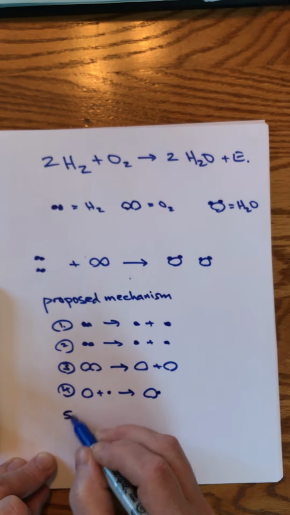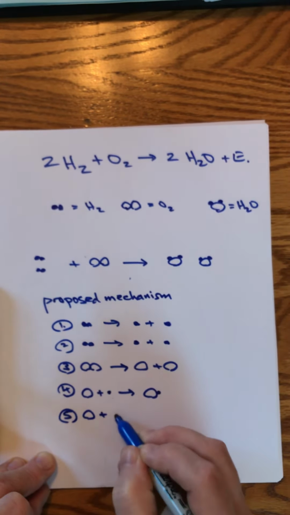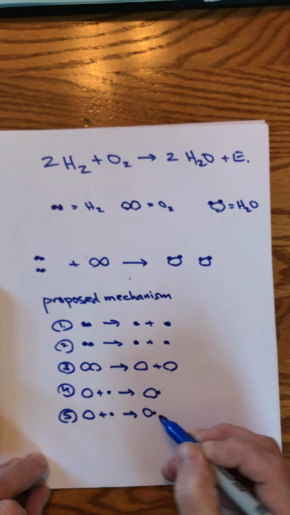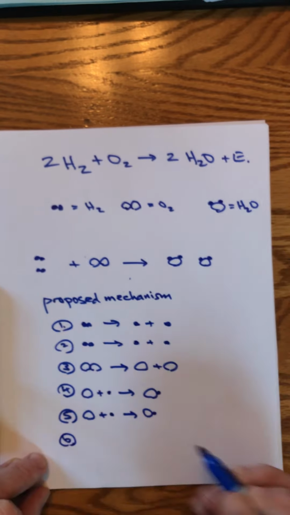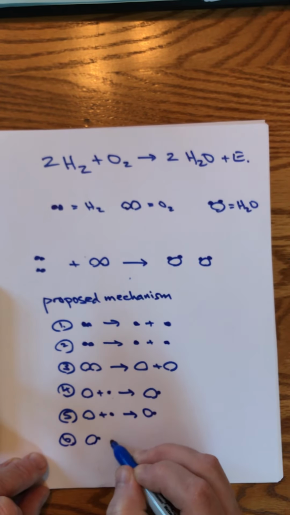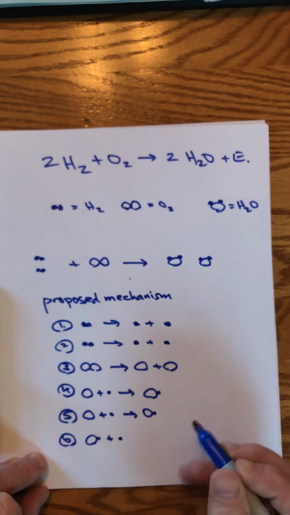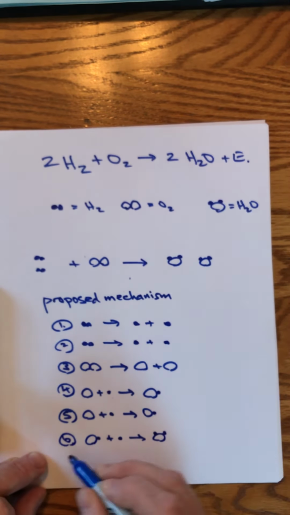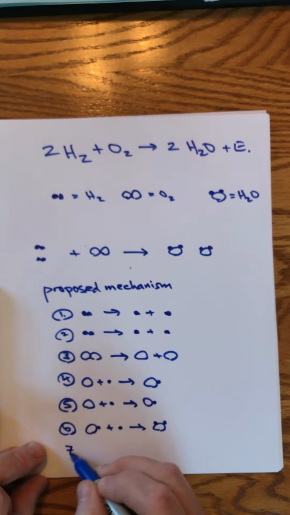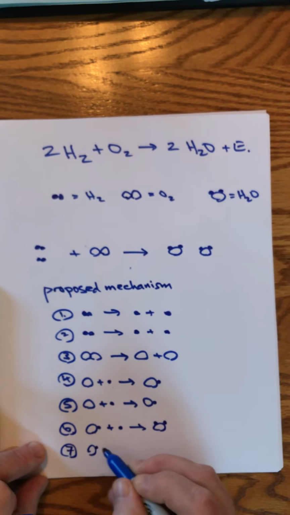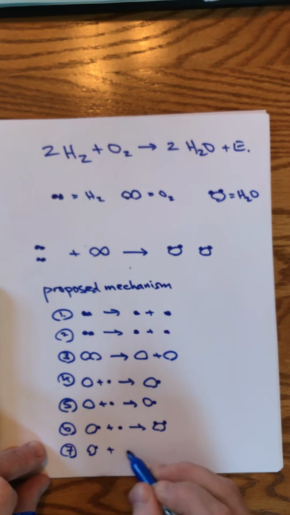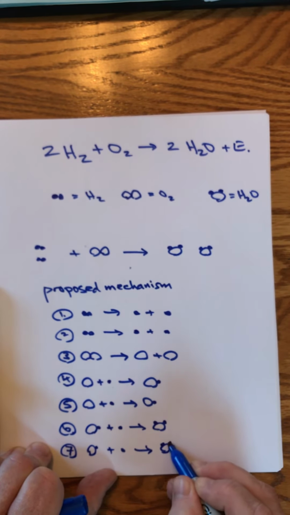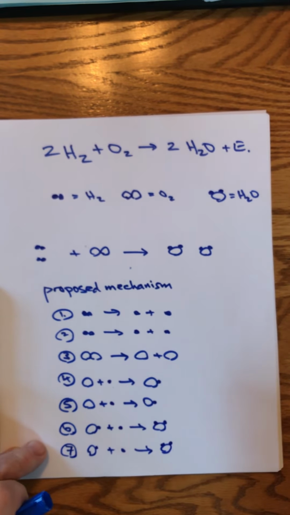My fifth step, I'm going to take the other oxygen, combine that with the other hydrogen. My sixth step, take one of those OH groups, combine the other hydrogen, make my first water. And my seventh step, take my final OH group, combine it with the remaining hydrogen, and make my other water.